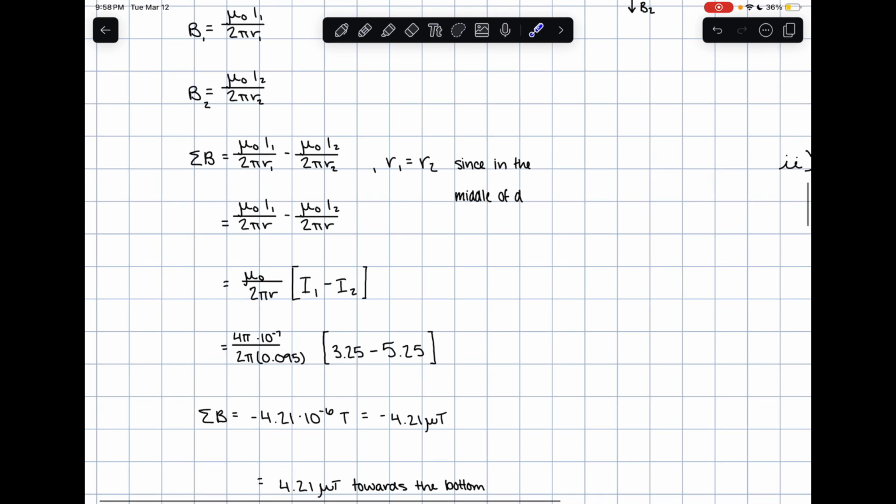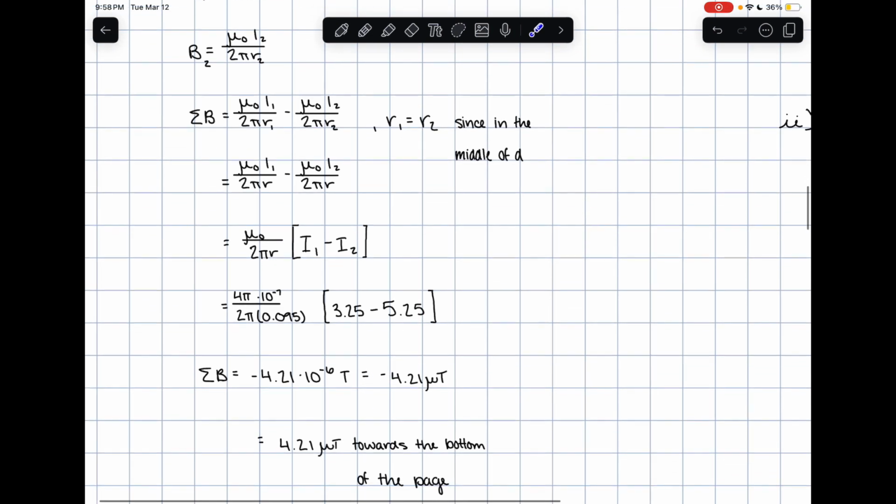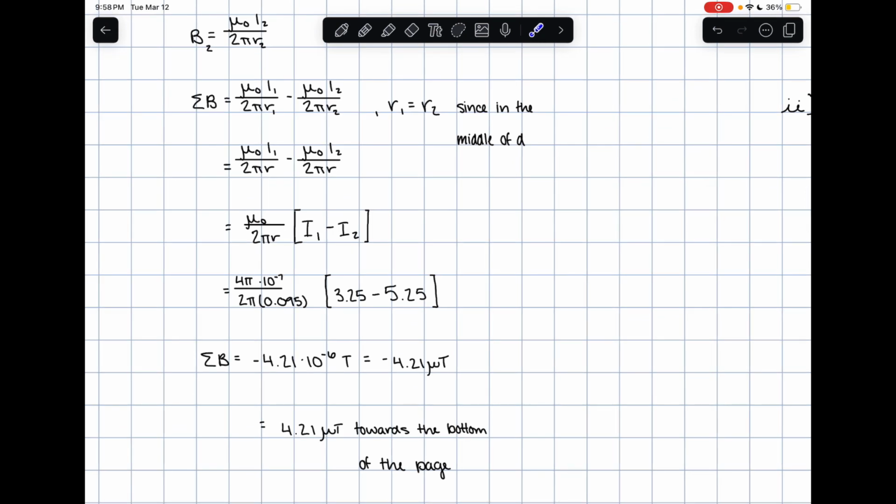But remember, we're just looking at the magnitude, so we're not going to leave this sign in our answer. So we're going to have 4.21 microteslas towards the bottom of the page, which is basically what this negative is telling us. But for our answer, remember, magnitude does not need signs.